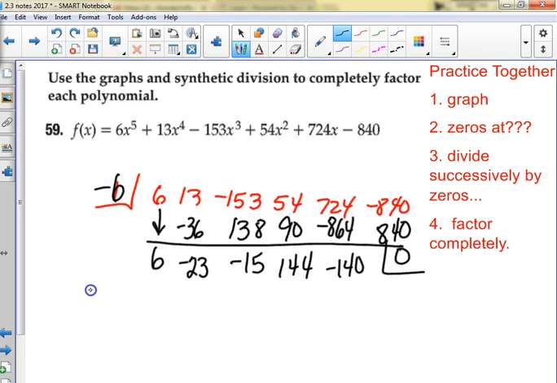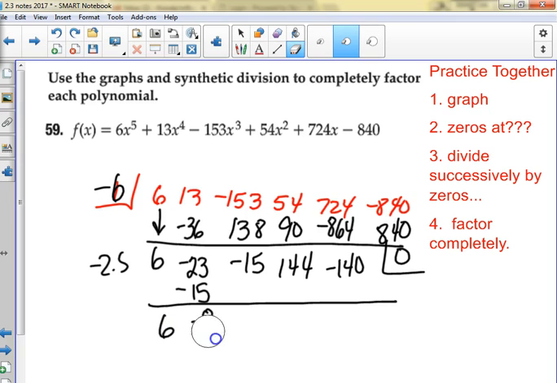Ew. Nothing else? Oh, lovely. Okay, somebody help me. Negative 2.5 times 6. Oh, this should have been negative 15. Okay.